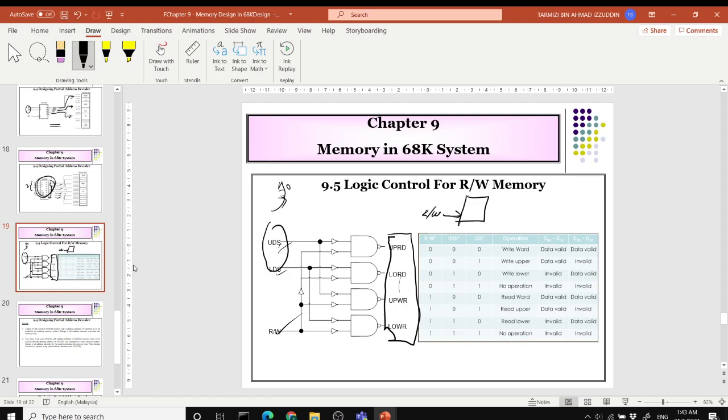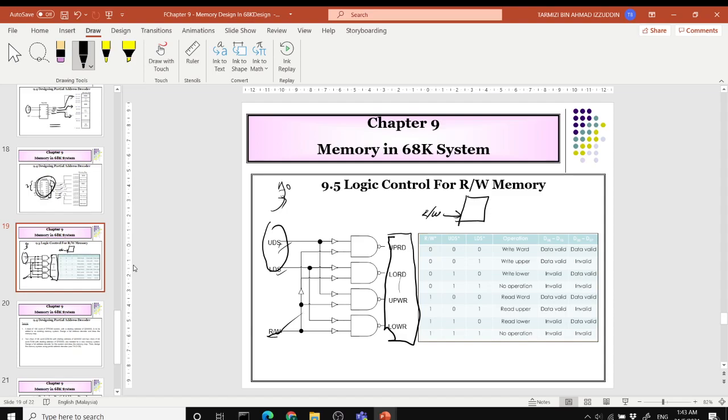Then you have the read and write pin that is connected to the 68K. So based on these 3 pins over here, you can tell the chip what you need to do.